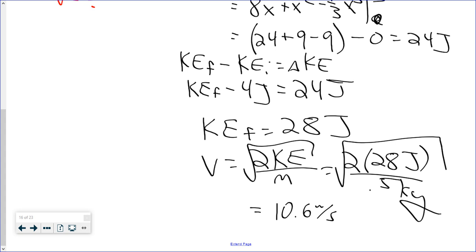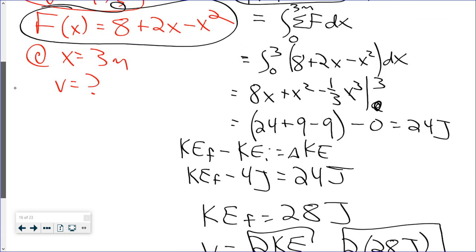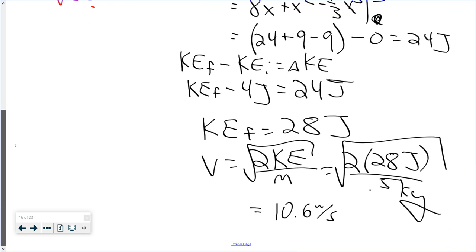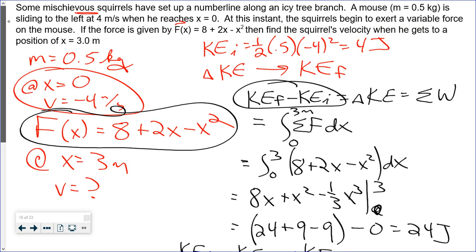There's one other thing here that I should probably comment on, which is this. At the beginning, the mouse is actually moving to the left. So I sort of glossed over this a little bit. I don't know that I really want to go into it because I don't know that I see something like this showing up on an AP test.